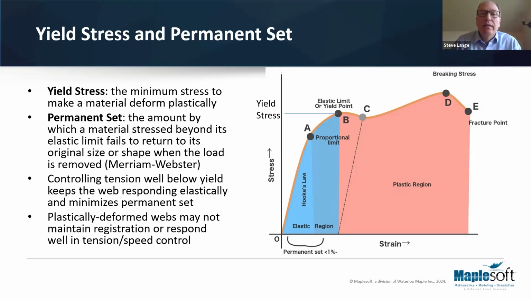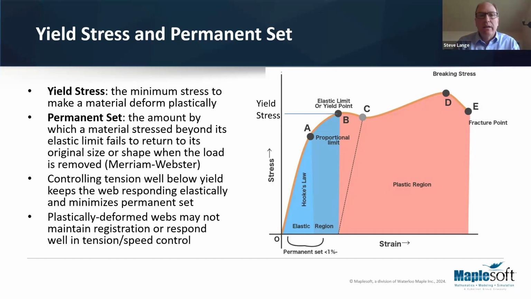And you can define a point where you will create essentially permanent damage to the web. If you were to unload it then and look at its length down there on the strain curve, it will not return back to zero. It will stay permanently longer. So you've created what's called permanent set.